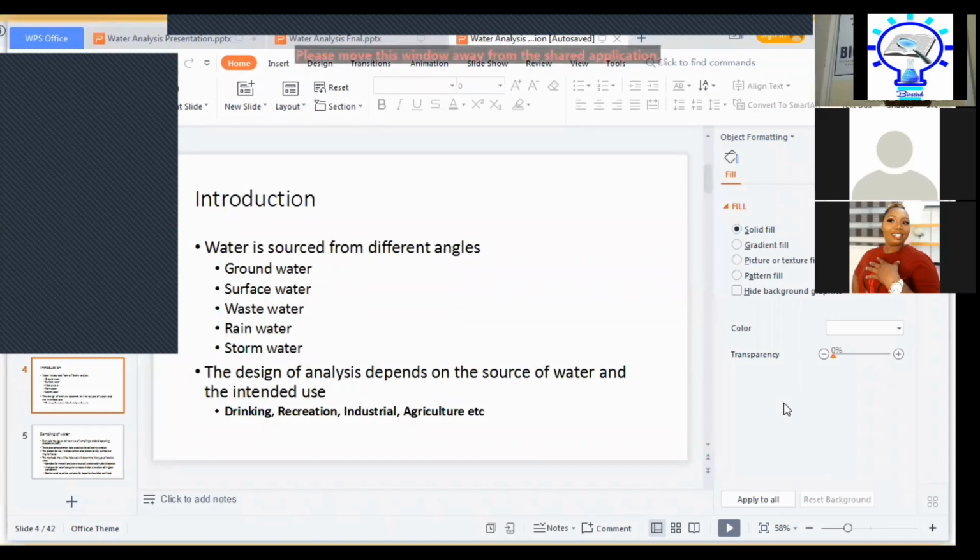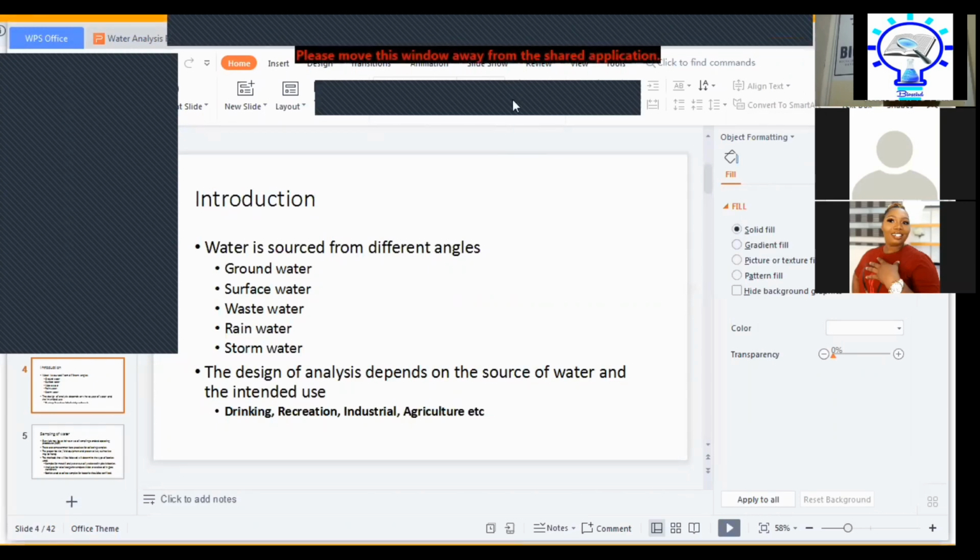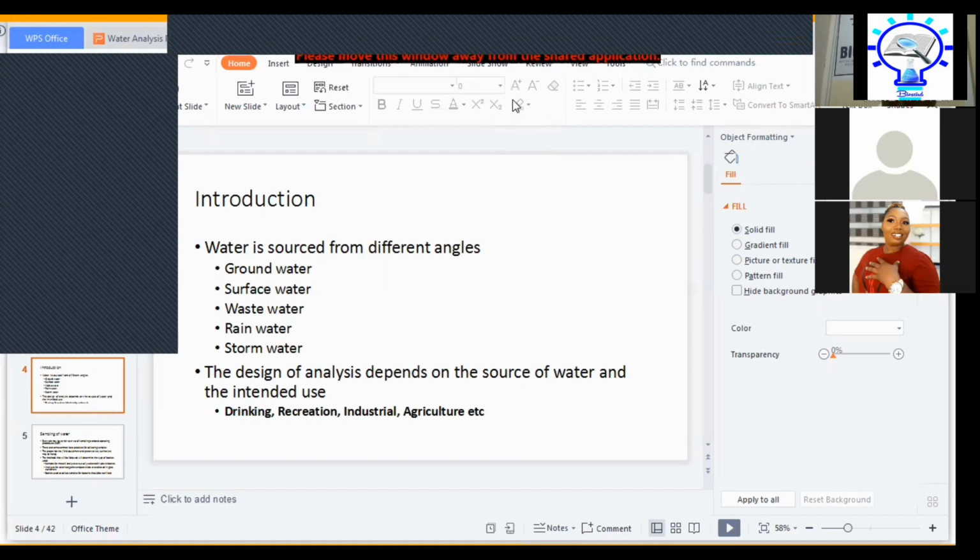When we say groundwater, those are waters that we dig from the ground. Let's admit someone. Okay. Yeah, so when we dig a borehole, that one is groundwater.